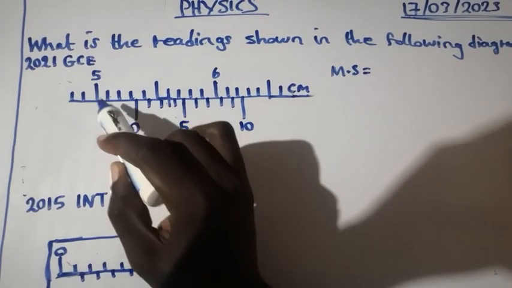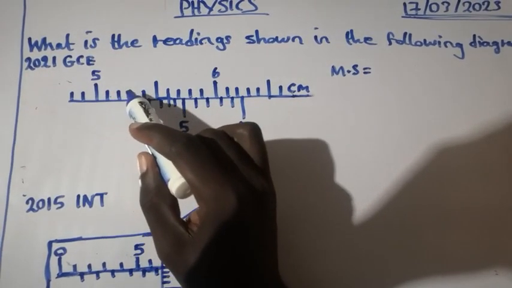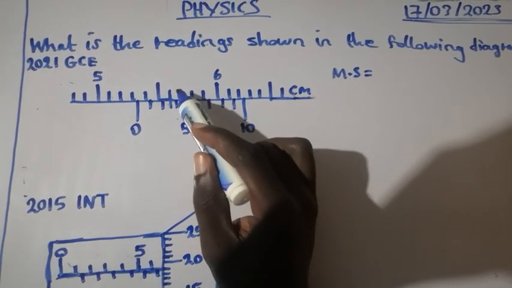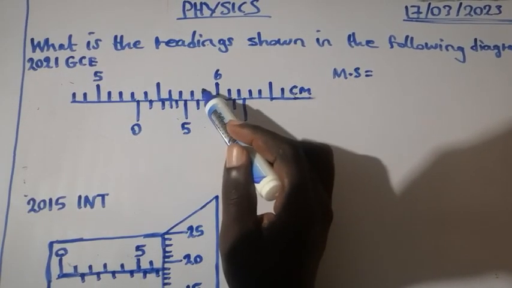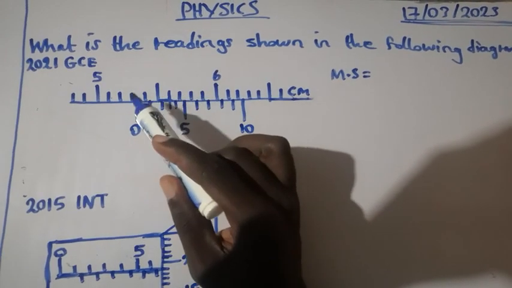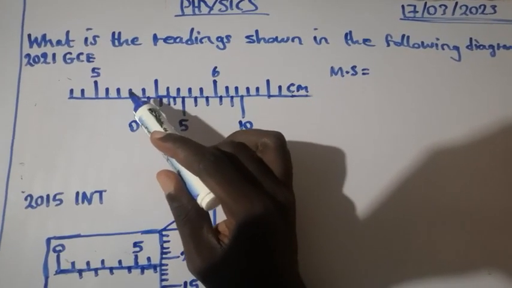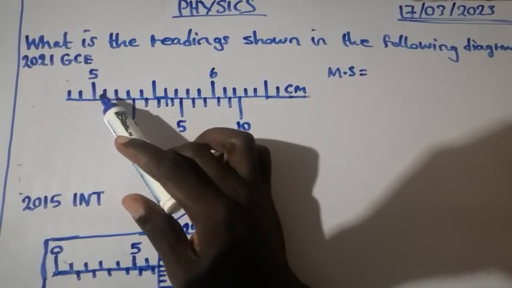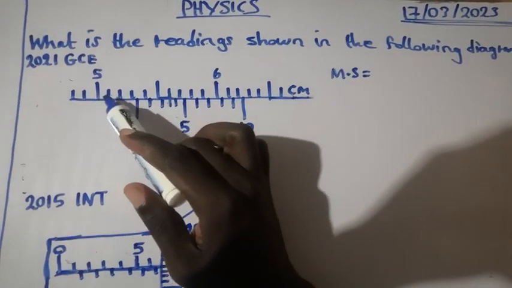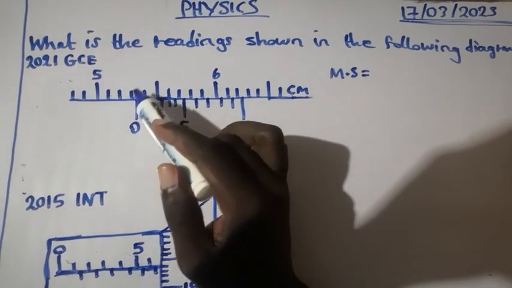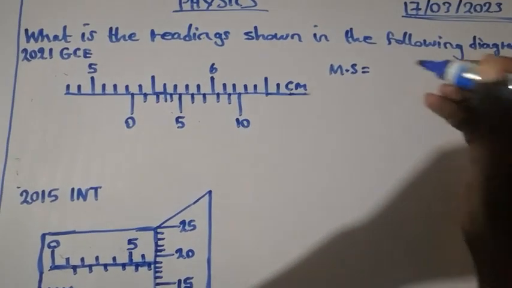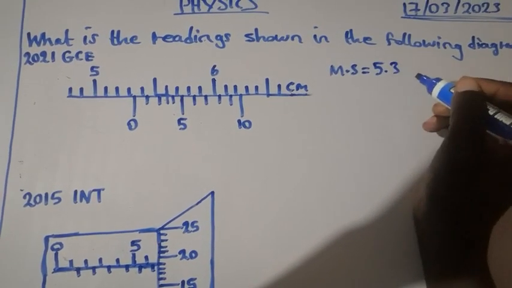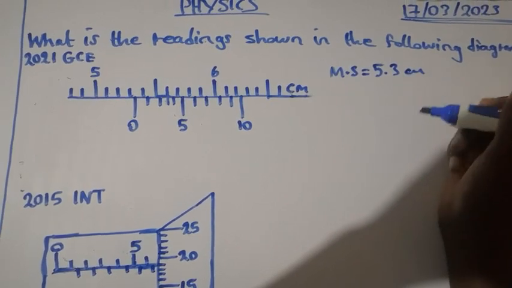So 5, 5.1, 5.2, 5.3, 5.4, 5.5, 5.6, 5.7, 5.8, 5.9, 6. So this mark is at 5.3. So the main scale reading is going to be 5.3 centimeters.